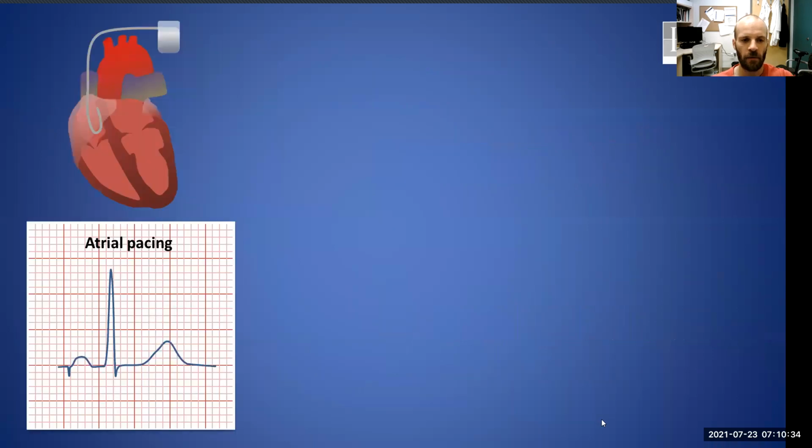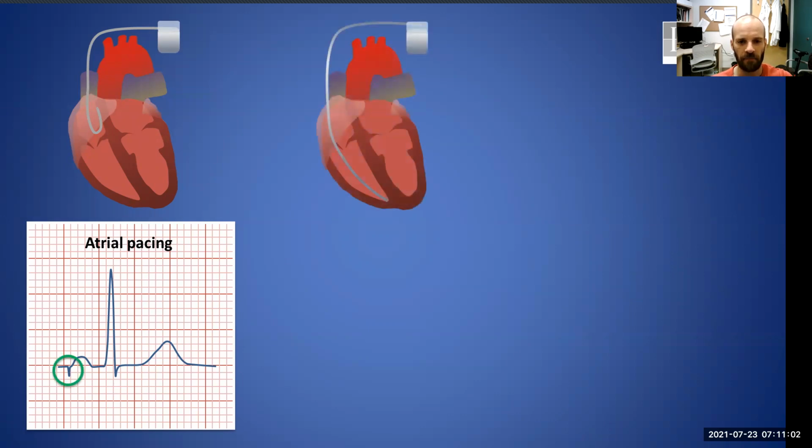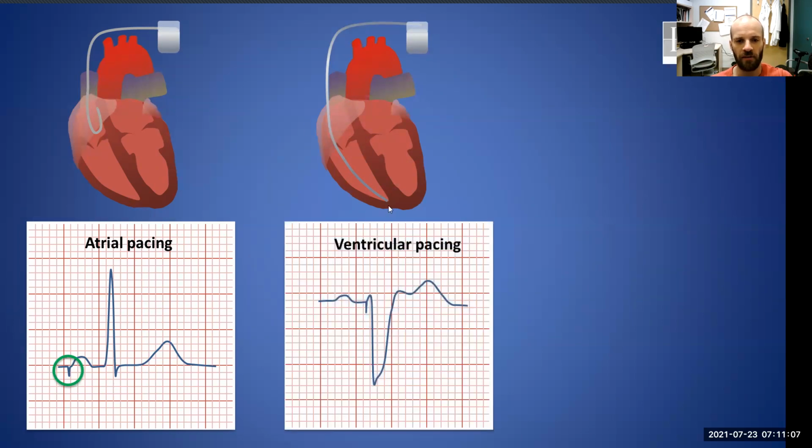Okay. We then looked a little bit about the sorts of patterns that you might get on an ECG associated with pacemakers. We talked about how you could have an atrial pacemaker, in which case you'll get this little spike occurring before a P wave, and then you'll have an intrinsically conducted QRS complex. So if the normal QRS complexes for that patient are narrow, then you'll have a narrow QRS complex. If that patient has a bundle branch block, then it'll look like that. On the other hand, if you've got a ventricular pacemaker lead in the right ventricle, a right ventricular pacing lead will tend to lead to a left bundle branch block pattern.